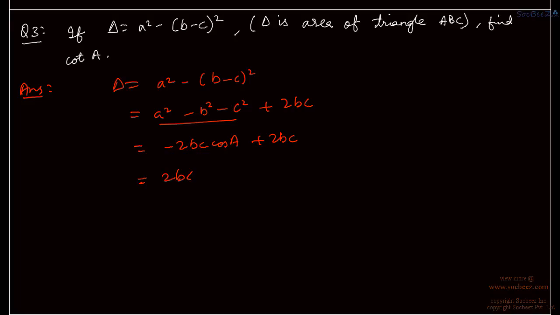So this is 2bc into (1 minus cos a). Now what is delta? Delta can always be written as half bc sin a. And the right hand side is 2bc into (1 minus cos a), which can be further written as, okay, let's write it in the next equation itself.